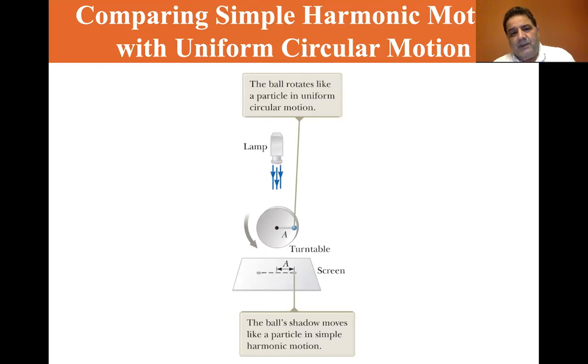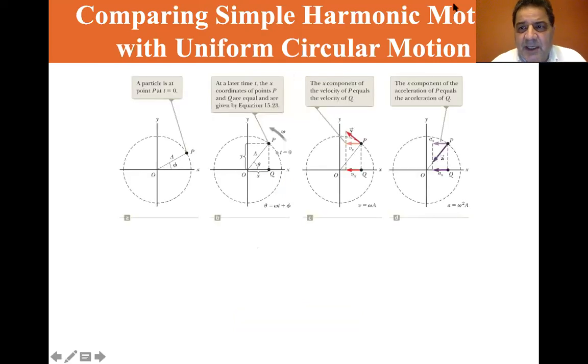Okay, let's look at this. There's 4 drawings here, and you can see the first one is just the particle going around, and then they're showing its position, and the next one is showing the velocity, and the last one is showing the acceleration.